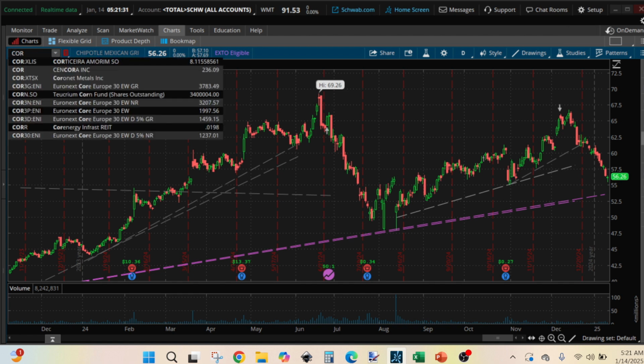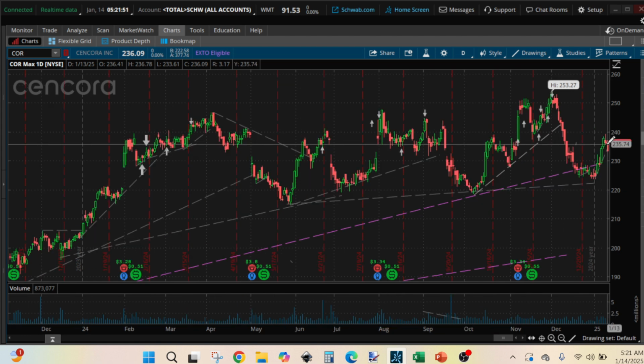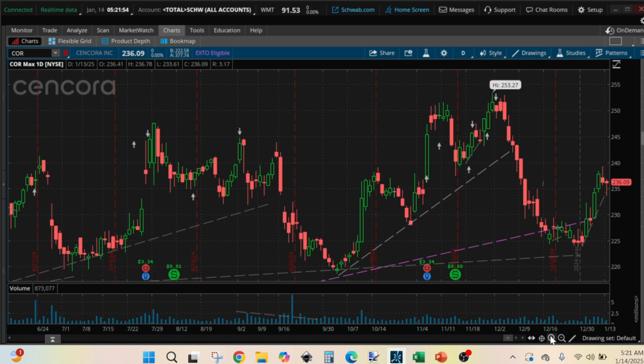So COR, we had it marked red on our watch list the previous time, hoping we might buy yesterday, but yesterday was a pullback. So this is the trend line. It went to the trend line, went below it, but then created an uptrend there, but then didn't go far.